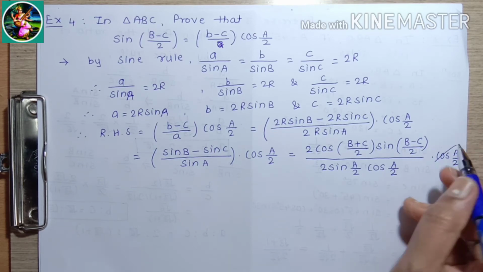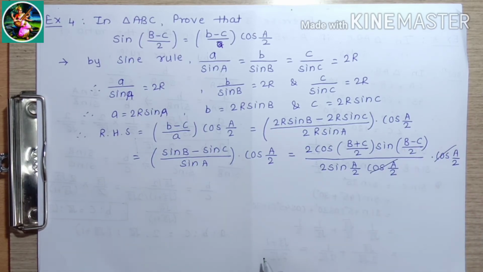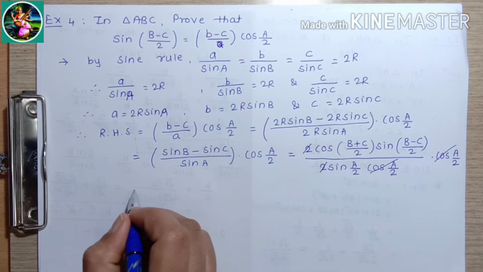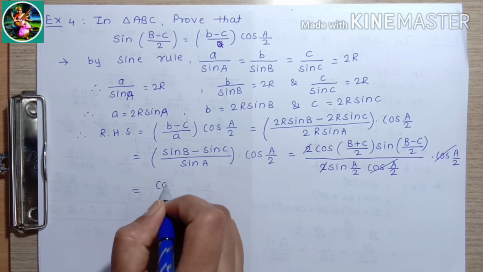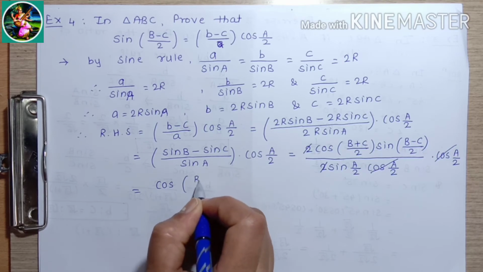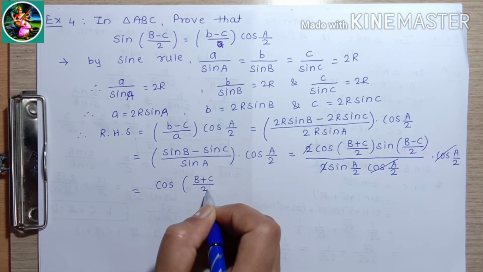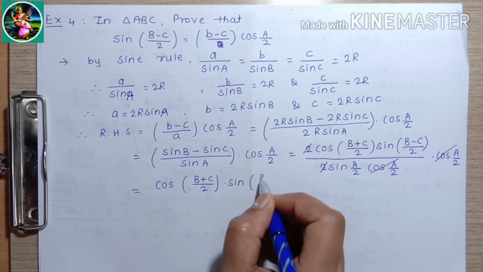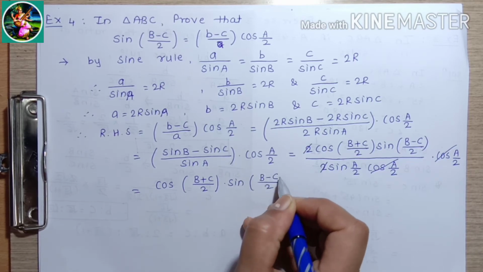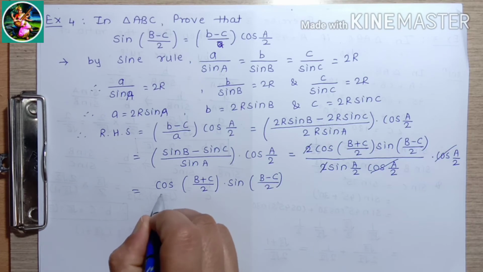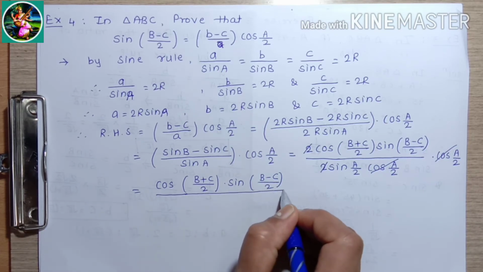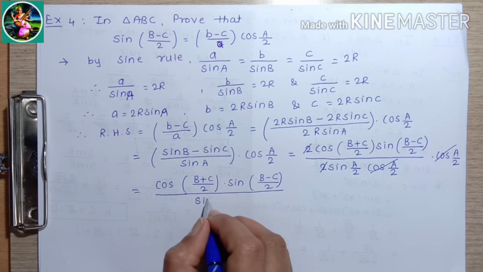Here cos of A upon 2 and cos of A upon 2 get cancelled. Here 2 gets cancelled. Here remaining is cos of (B plus C) divided by 2 into sin of (B minus C) divided by 2, and this divided by sin of A upon 2.